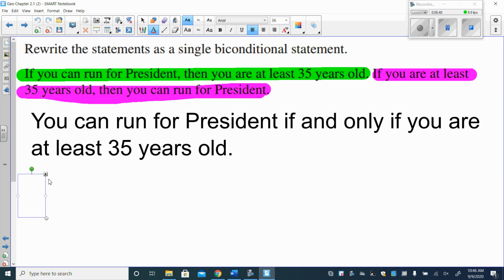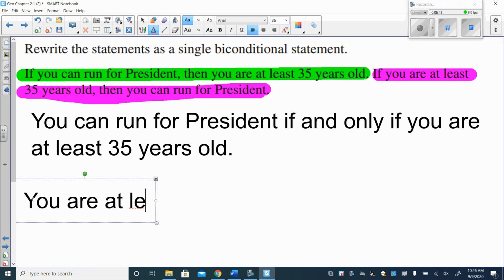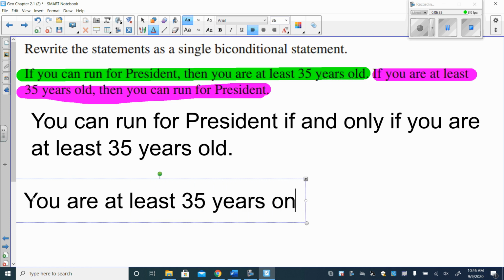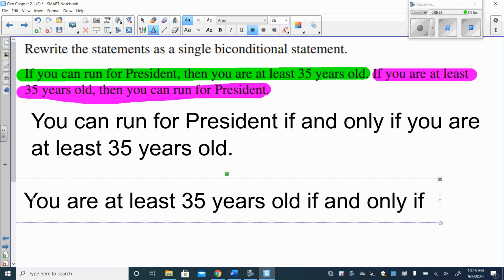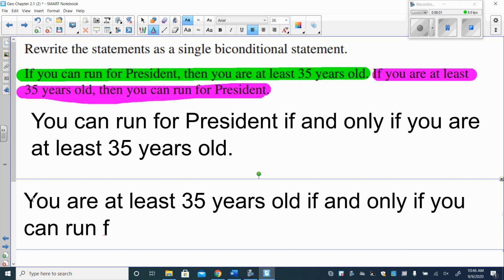Now, some of you might be wondering, could I have said you are at least 35 years old if and only if you can run for president?